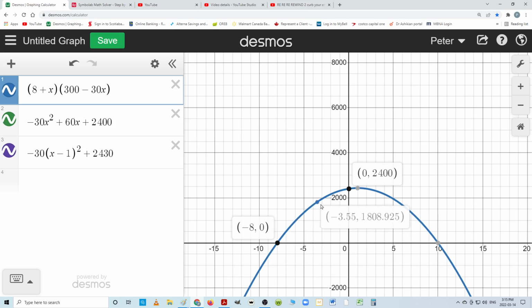So I'm making money as long as I'm charging more than $0 and less than $18. And my best case scenario is to charge 8 plus $1, $9, and that'll give me a revenue of $2,430, but it'll also mean I'll only have 270 people in the gym.